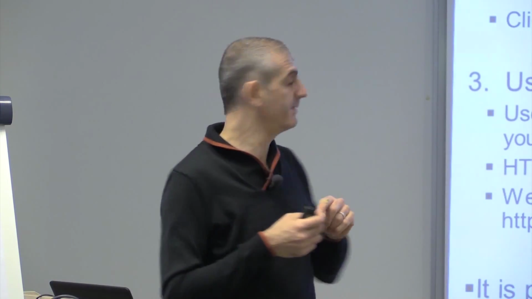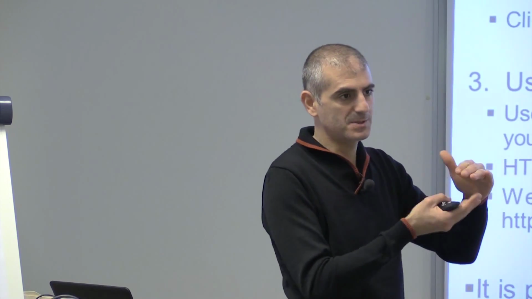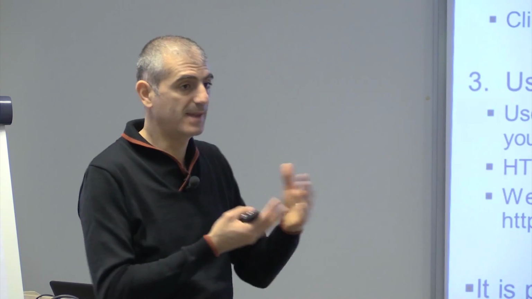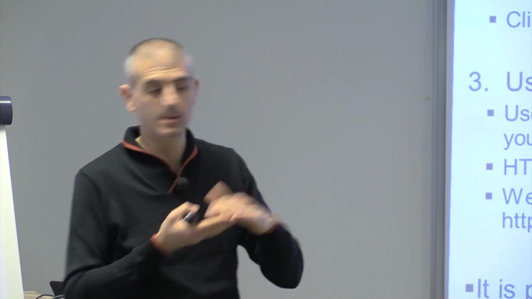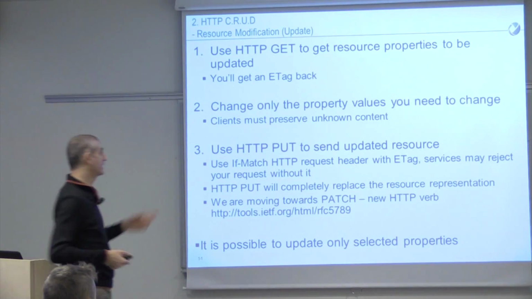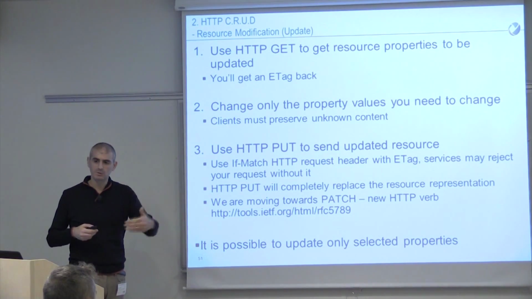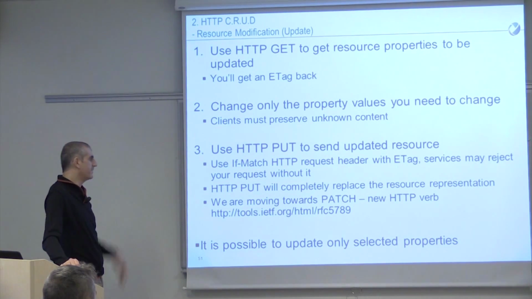I don't know exactly how the technology works, but when you do a PUT, if someone has managed to change this resource before you've actually done the PUT, then this will be detected through this ETag mechanism, and the server will reject your change because you're making your change not based on the latest changes of that particular resource. So you can use this mechanism, without having a state, to make sure that an update is based on the latest information. That's also part of the standard.